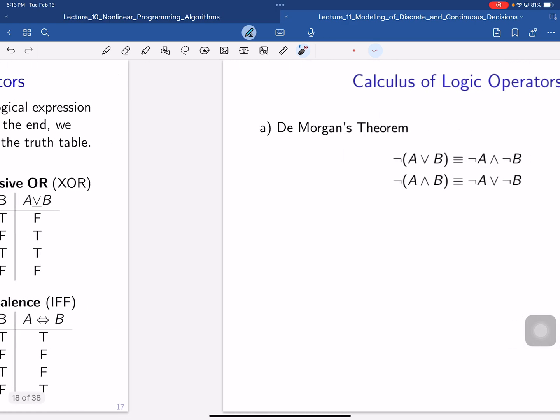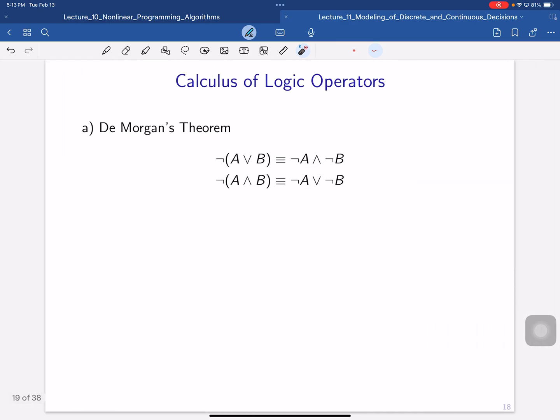Okay, so let's go to the next point, which is the calculus of logic operators. You have already seen the six basic logic operators. Now the question is, if we combine those logic operators in an arbitrary way, how do we do the calculus?